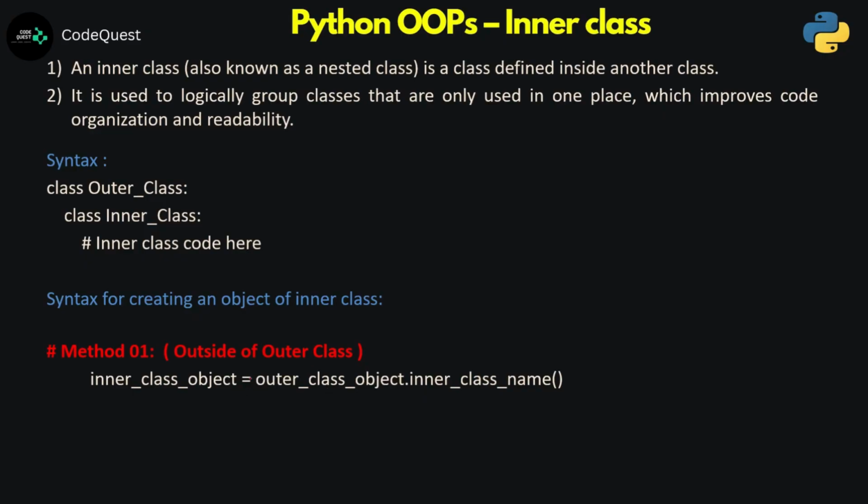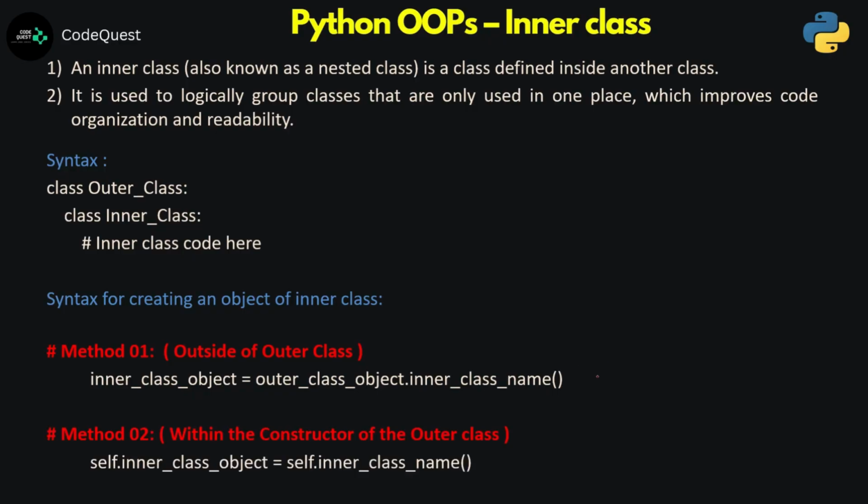You will follow this syntax if you are trying to define the object of the inner class outside of the outer class, I mean after you completely define the outer class and inner class, then at the end of the outer class you can follow this guideline.